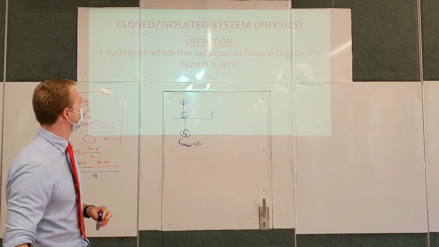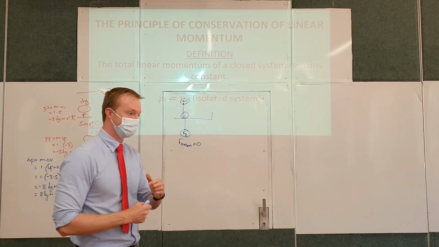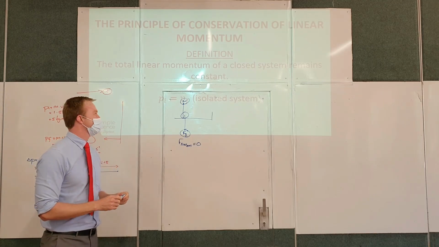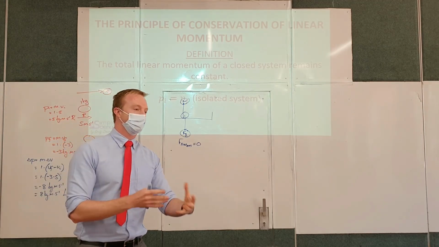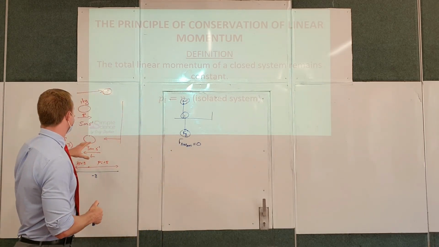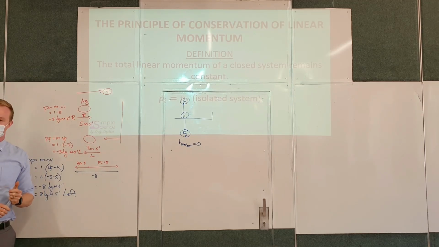Right, so once we understand that, we can look at something called the conservation of momentum. So conservation, as with conservation of energy or conservation of rhinos, is always about making sure that everything within the system stays the same. What we're starting to do is, as you can see, these first examples are very simple. When there's only one object, there's not really much we can do about it.